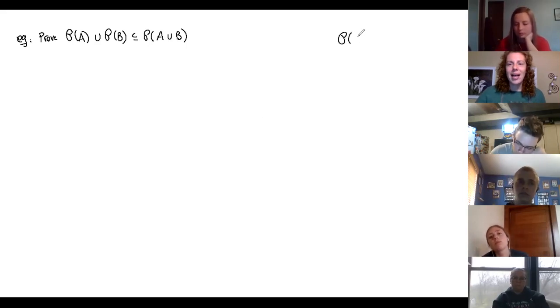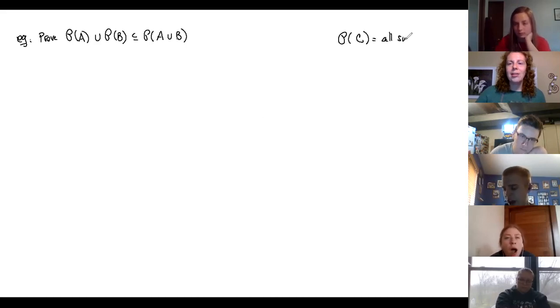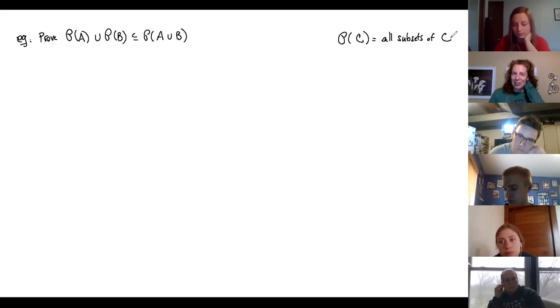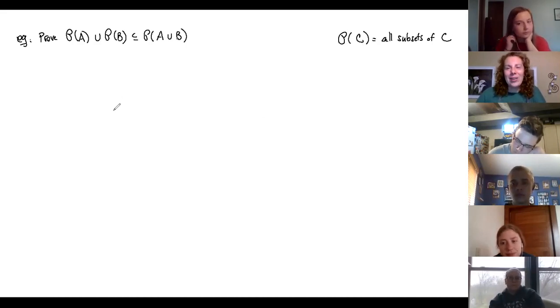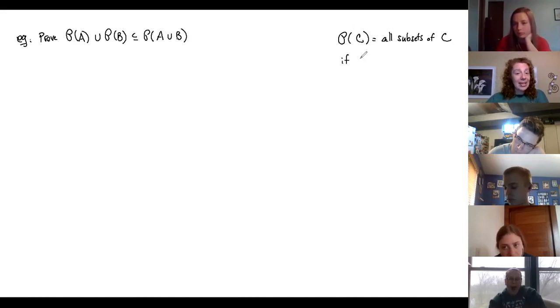So power set of, we'll do a capital C over here with a different letter, is the set of all subsets of C. Does that sound familiar way back from chapter 1? Hopefully a little bit. You can nod at me even if it doesn't, and we'll pretend that it does. All right, so what we are going to say here, and this is what we're going to end up using. Since we're talking about sets, I'm going to use a capital X instead of a lowercase x in this case.